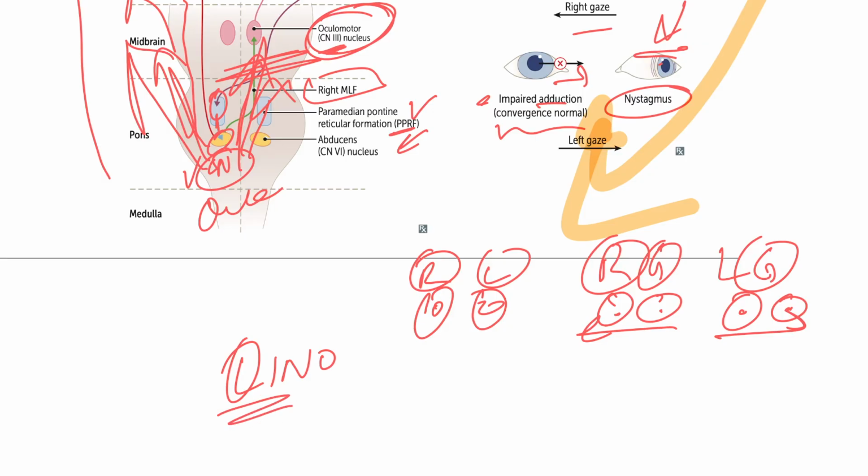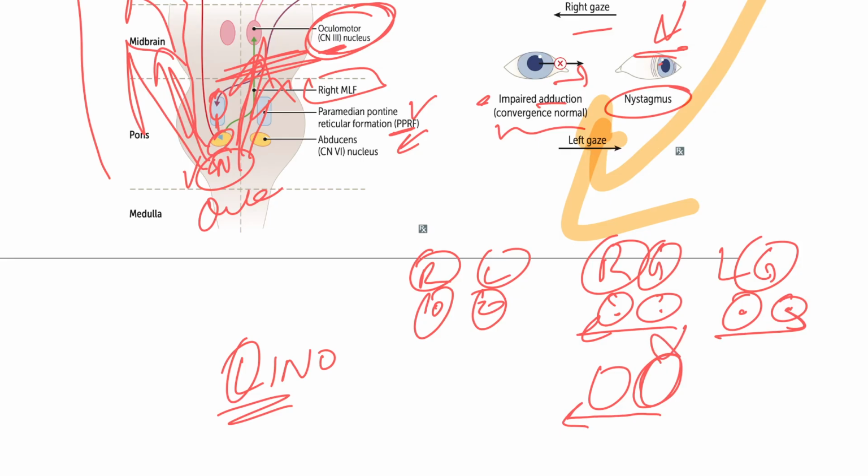Now with the left eye, what's going to happen is when you move towards the left, the eye will not be able to move. This is the left eye. The left eye will not be able to move on the right side. Okay, so again, what is left INO?